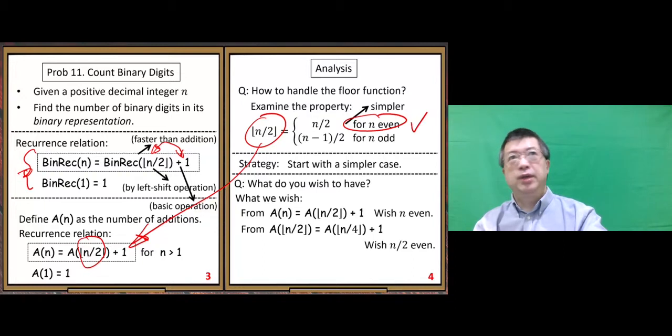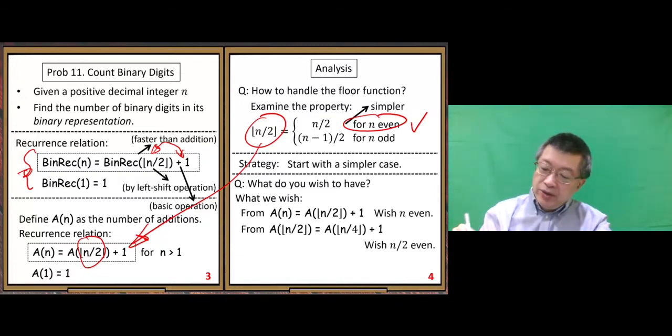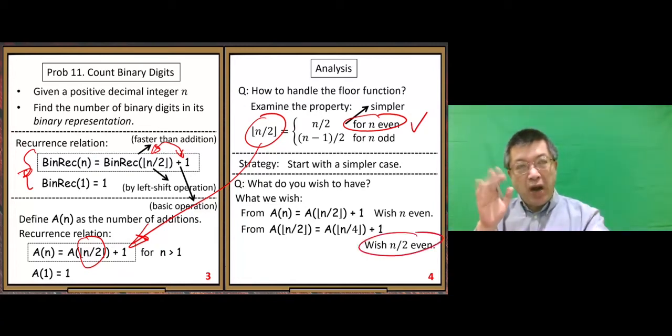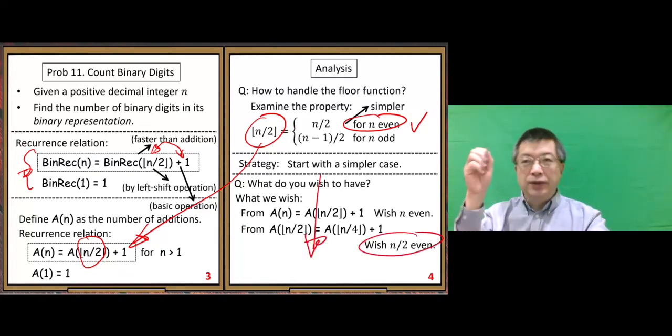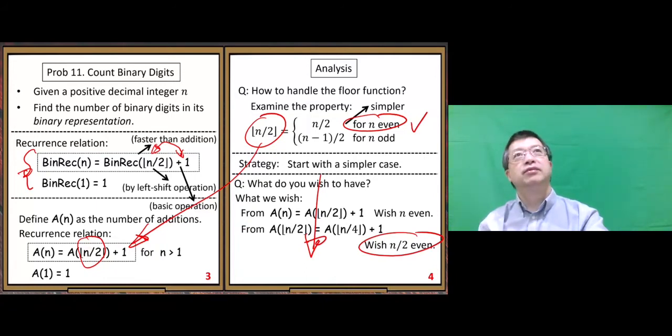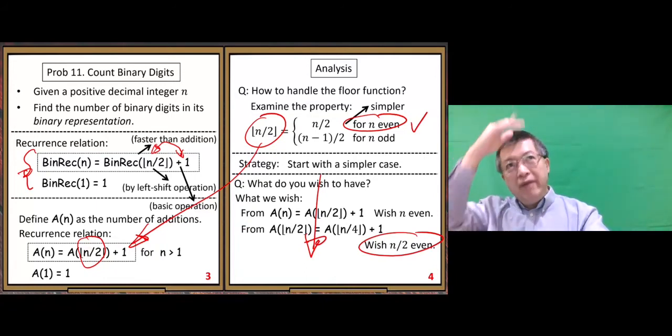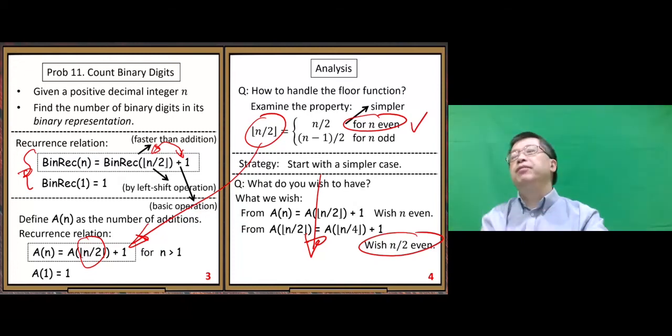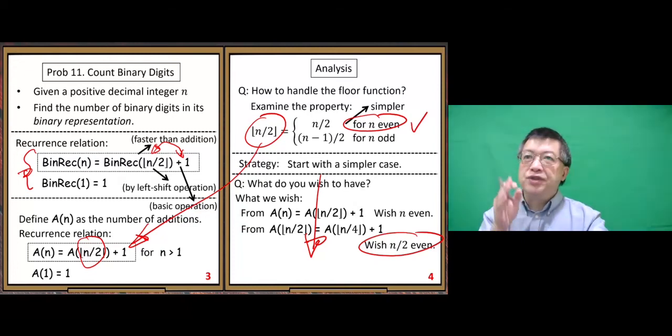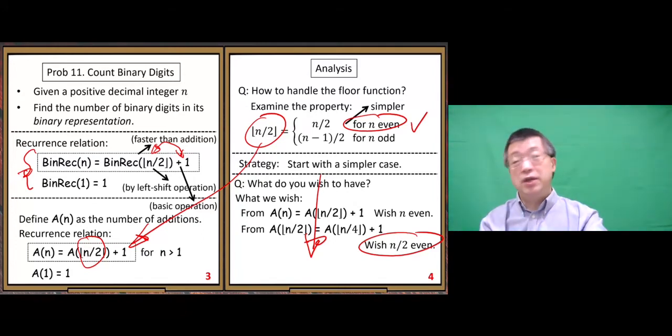That's the best case, and we want all the nice properties all the way down to the bottom. So whenever we apply the recurrence relation, we wish the current problem size is an even number.